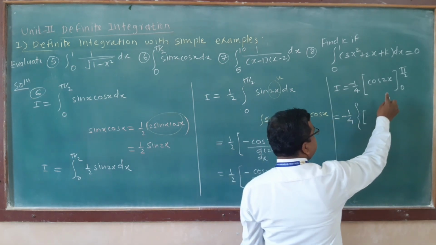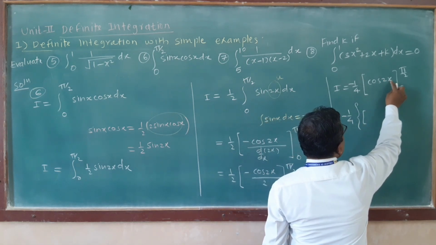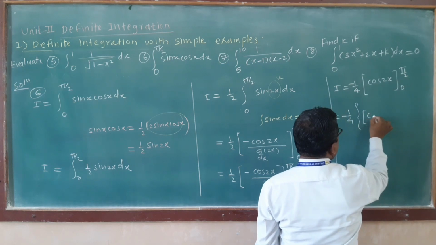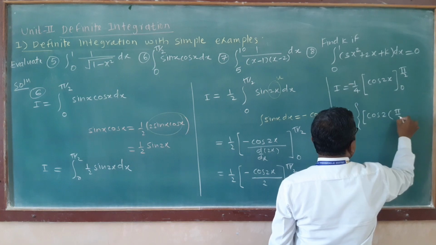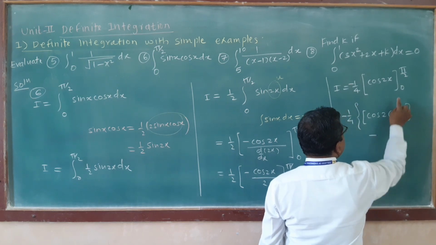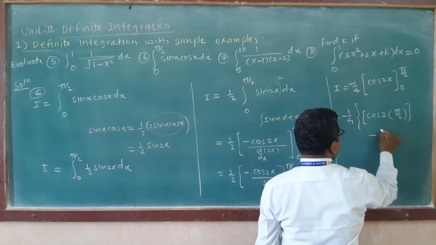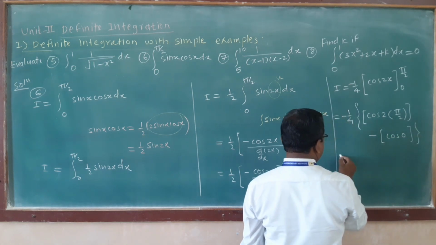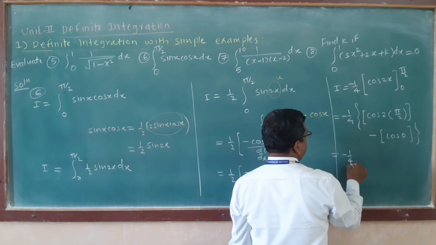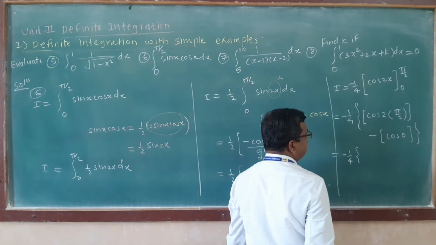Now, put upper limit x is equal to pi by 2. So, this is cos of 2 into x, x is pi by 2, minus put lower limit x equal to 0. So, this will be cos 0. So, which is equal to minus 1 by 4 into bracket.